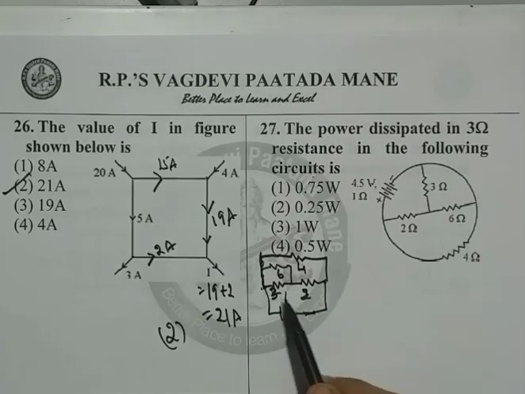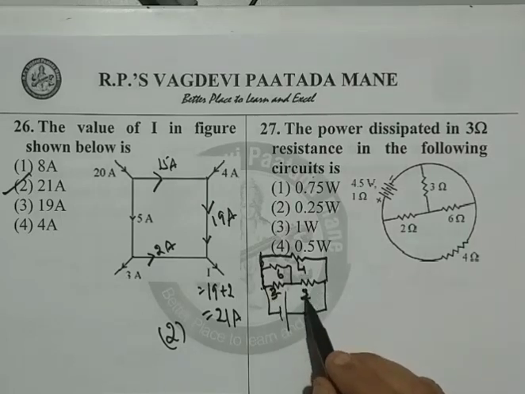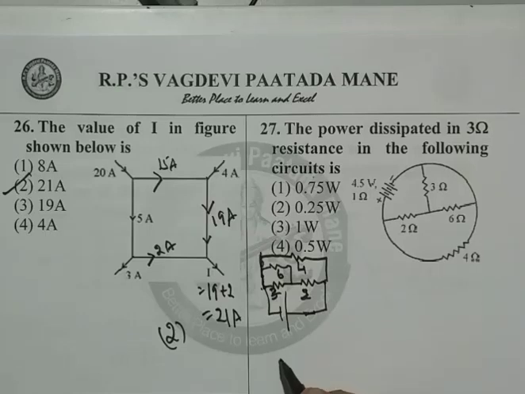Now, as we can see, 6 and 3 result in 2 ohm, 2 plus 2 is 4, 4 and 4 in parallel gives 2 ohms. The effective resistance of the network is 2 ohm.